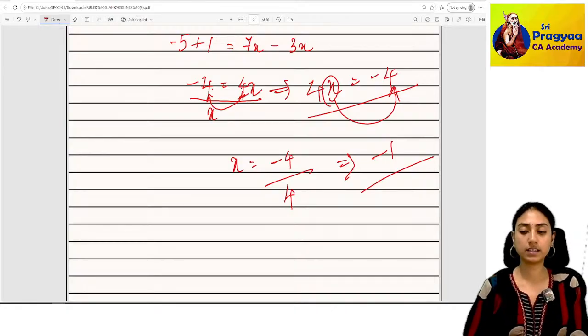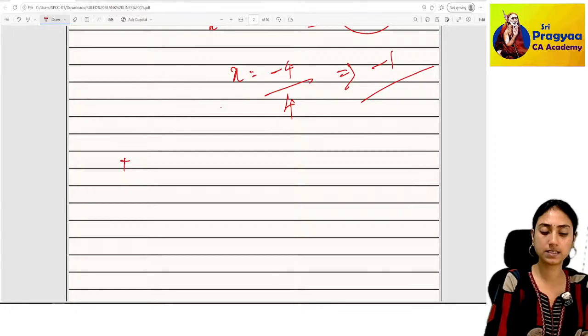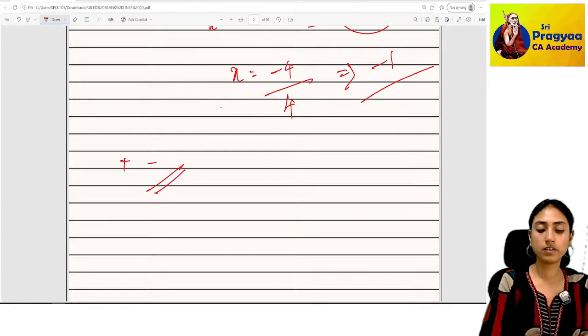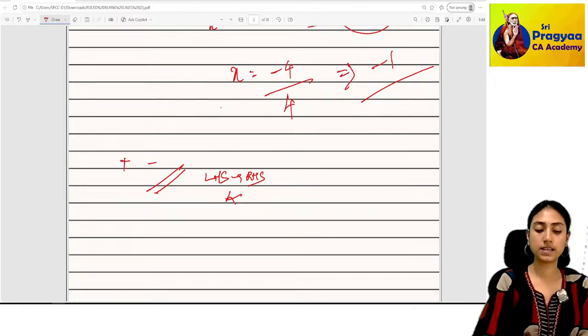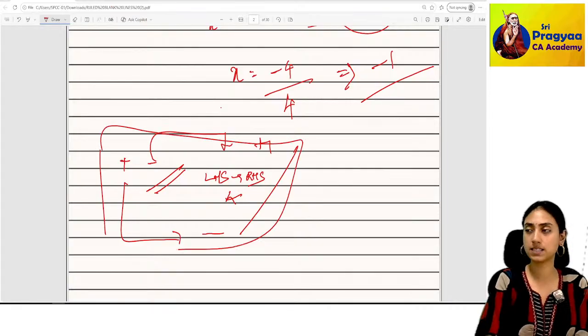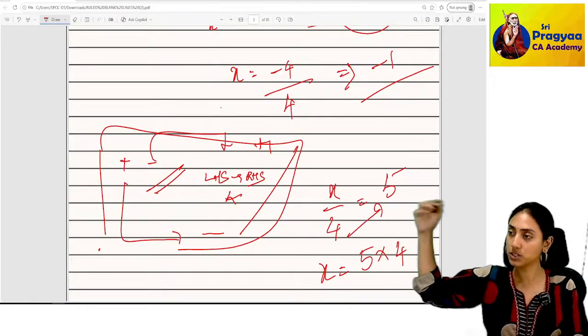So coming back here, whenever there is a plus or a minus operation moving from LHS to RHS or the other way around, the signs will get reversed. Plus will become minus, minus will become plus. This is with respect to plus and minus. With respect to division, if I have something divided by a number equal to 5, I'll have to multiply, cross multiplication, just like how we learnt in our ratio proportion chapter.